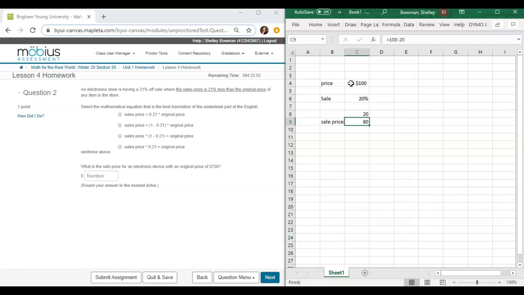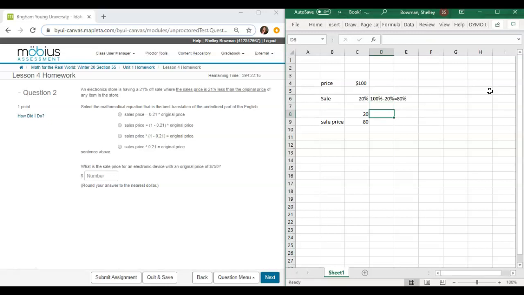So if I am going to have 20% off of it, that means I could take the total 100% and I'm only going to be paying for some of that. So I'm going to subtract the 20%, which gives me 80%. I take off the 20%, and that says I'm only responsible for the 80% of the price for the sale.